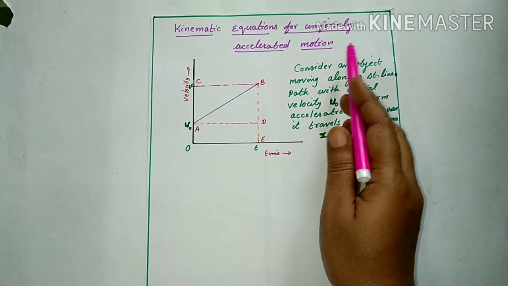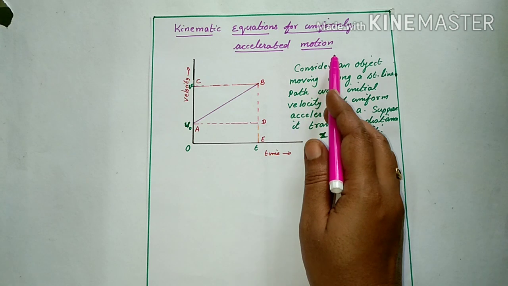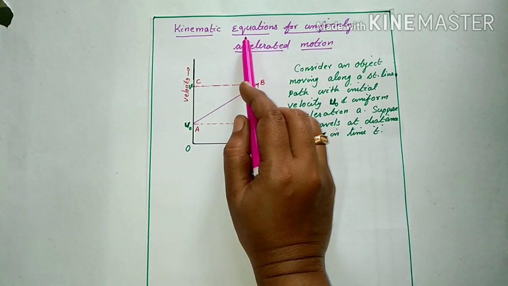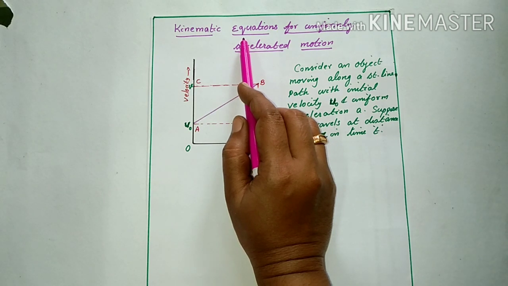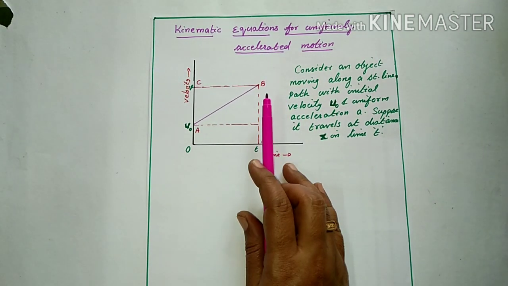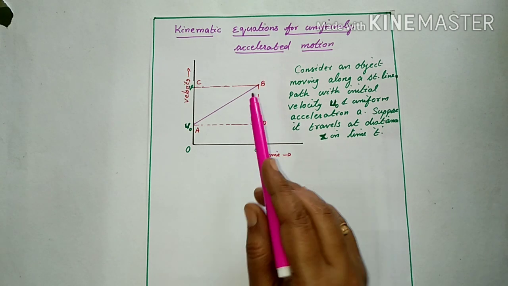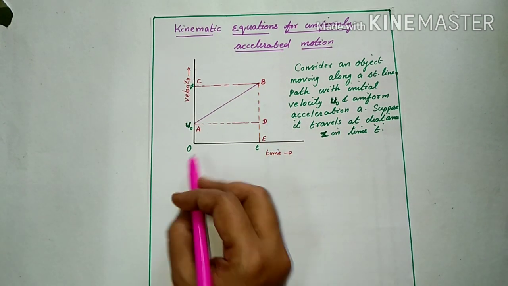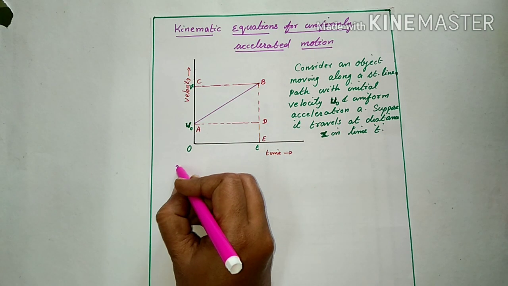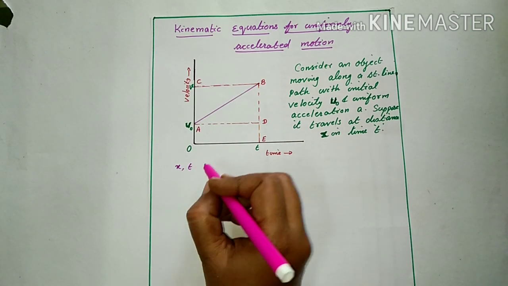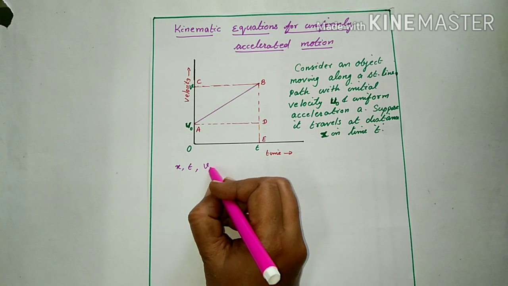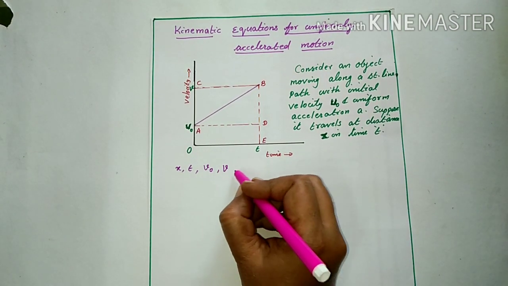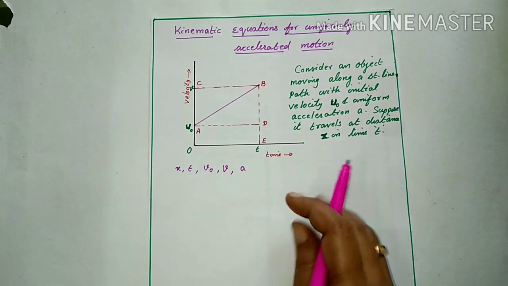Kinematic equations for uniformly accelerated motion. Kinematic equations means the equations of motion. These equations give the relation between displacement x, time taken t, initial velocity v0, final velocity v and acceleration a.